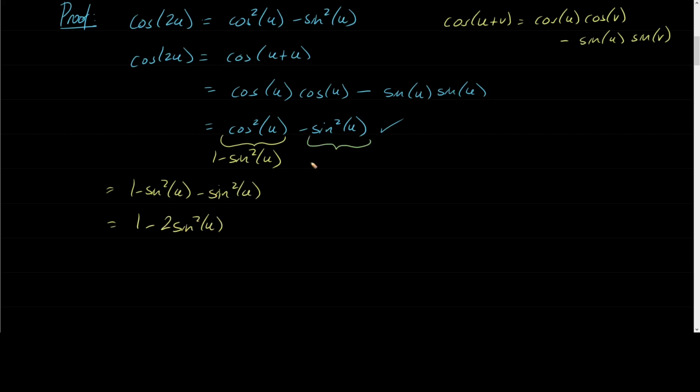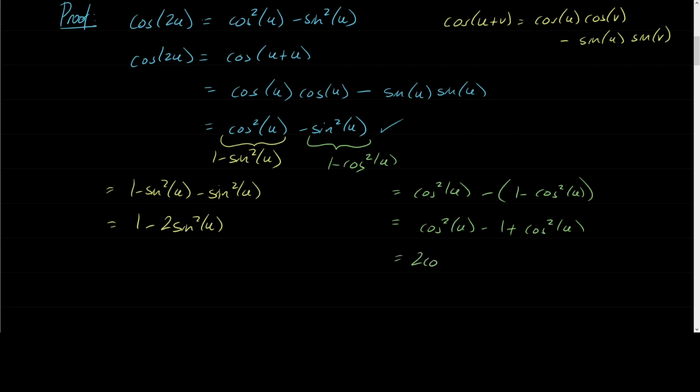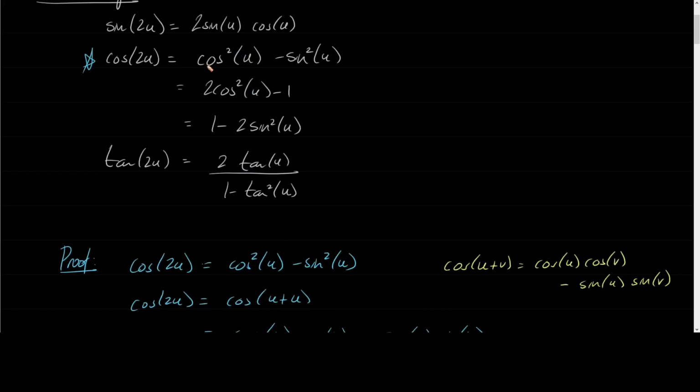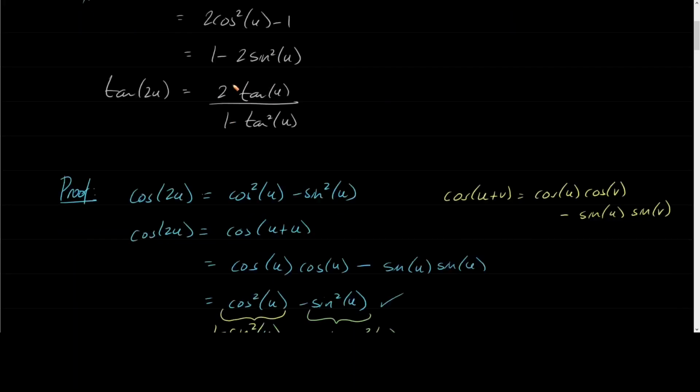Similarly, I know that sine squared is 1 minus cosine squared, so I can write this as cosine squared of u minus 1 minus cosine squared of u. But then we have minus a negative cosine, so it becomes cosine squared of u minus 1 plus cosine squared of u, giving us that 2 cosine squared of u minus 1 is equal to that original expression. So that's how we have all of these ways to rewrite cosine of 2u.